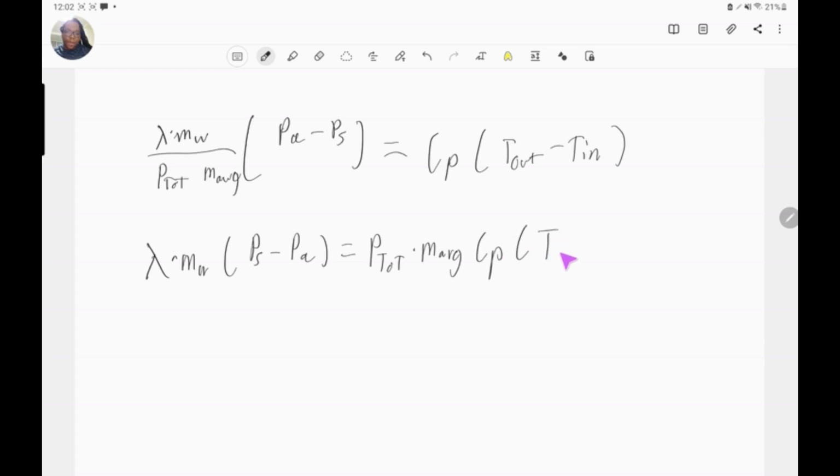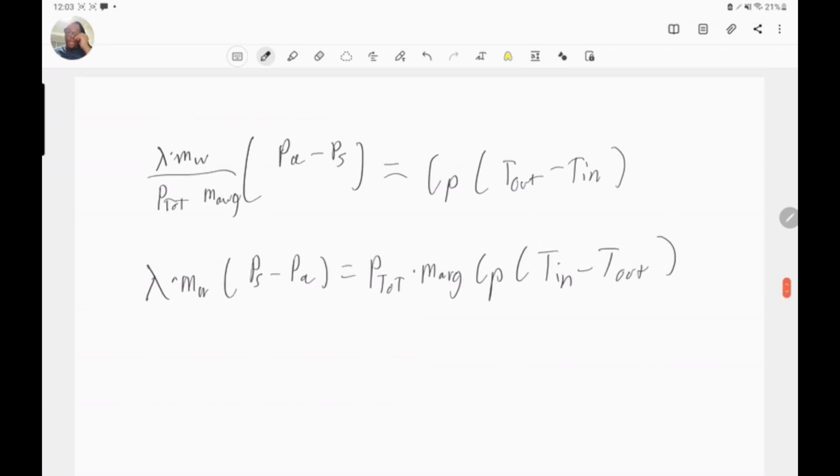How many times are T in minus T out? All right, and so what do you know? This is our wet bulb temperature.